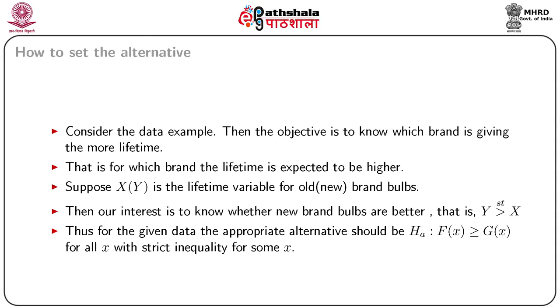Then our interest may be to know whether the new brand gives more lifetime. That is, whether Y is stochastically larger than X. Thus, for the given data, an appropriate alternative should be F(x) greater than or equal to G(x) for all x with strict inequality for some x.